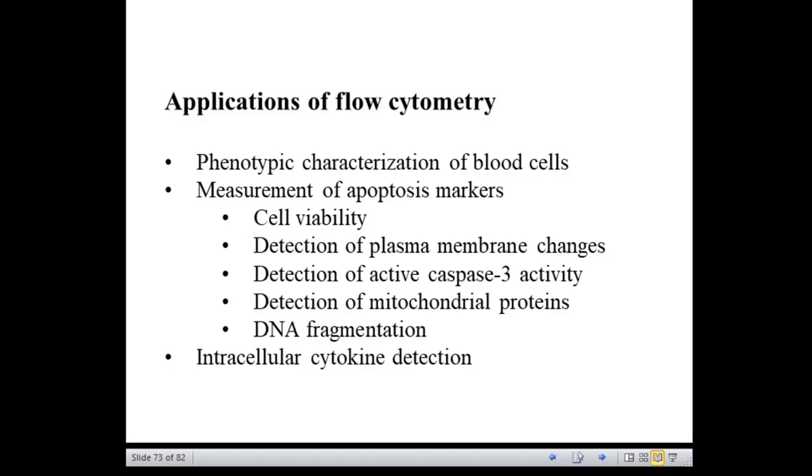And measurement of apoptosis markers is another important application. Rapid and quantitative measurement of apoptotic cells can be done by using flow cytometry. So you can rapidly and quantitatively measure the apoptotic cells with the help of flow cytometry.